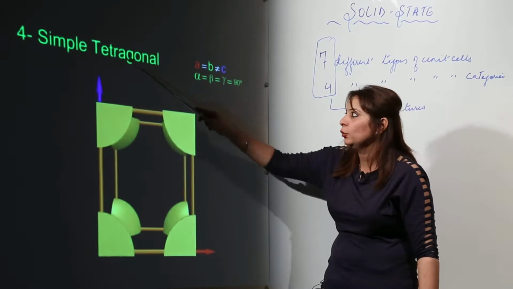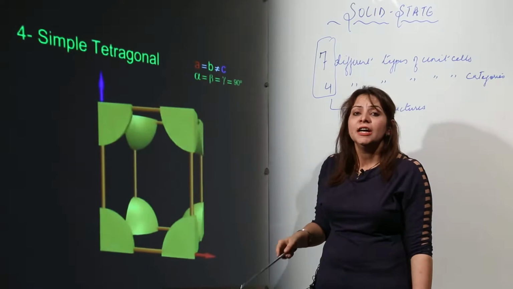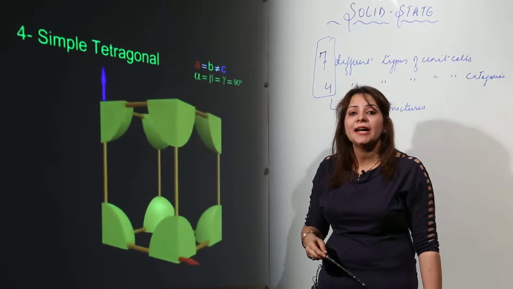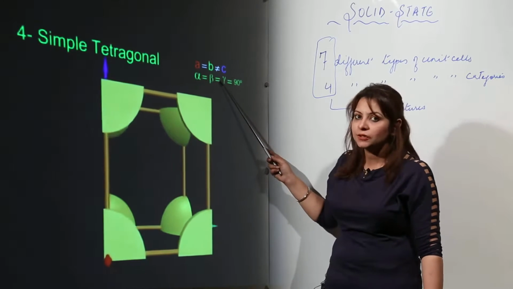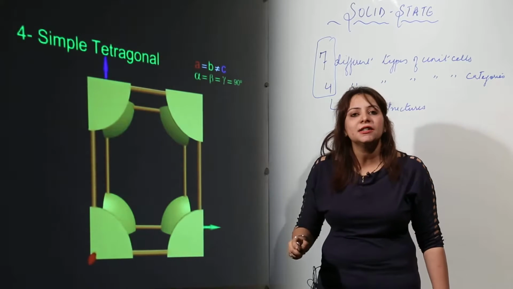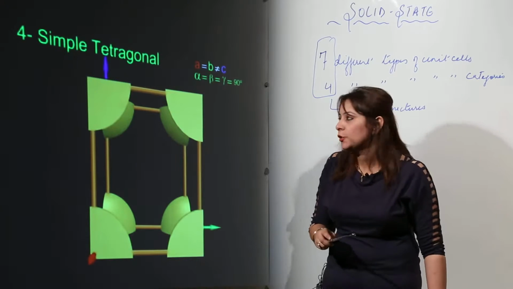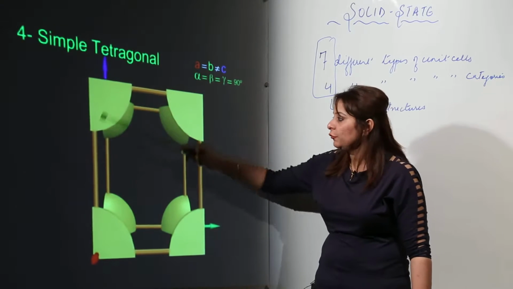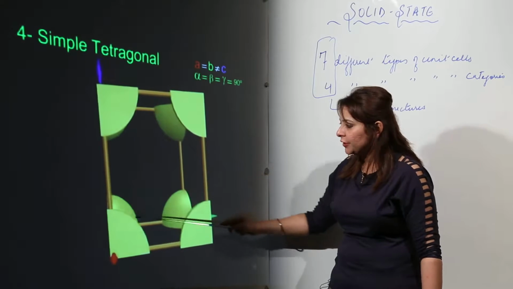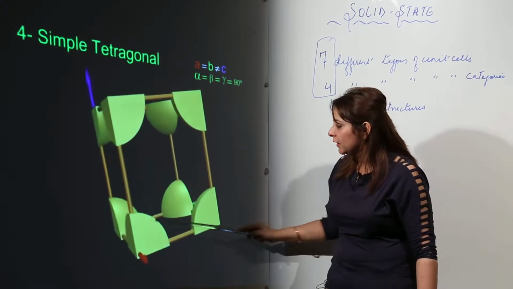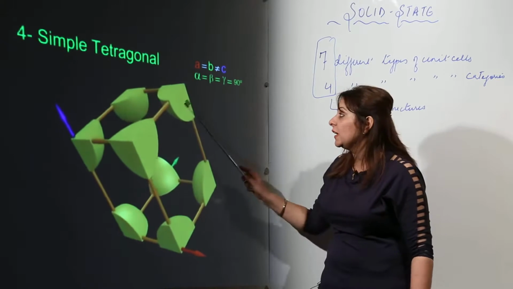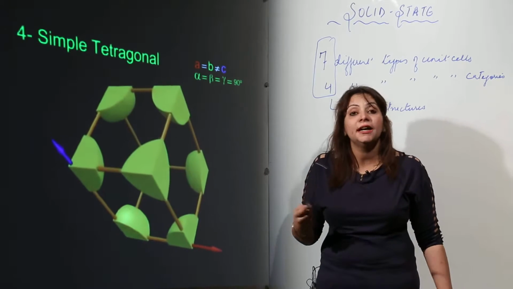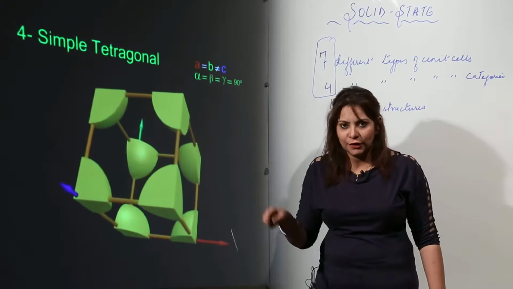Now we have tetragonal. What is tetragonal? Tetragonal is the unit cell in which A, B are equal but definitely not equal to C. And as far as the angles are concerned, all 3 angles are equal, that is perpendicular. So we get to see tetragonal in the form of primitive. See, this is a tetragonal shape and again the particles are present in the corners, and again you can see that these particles are not complete particles because they are a part of different unit cells as well, right?